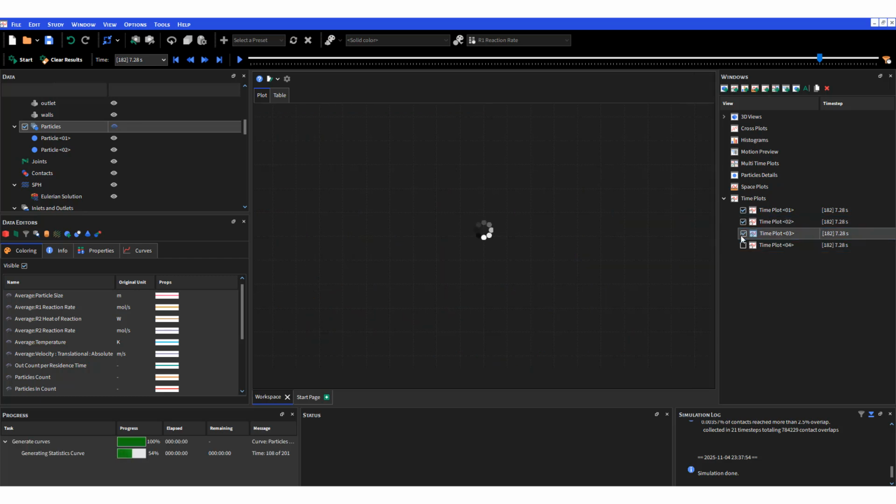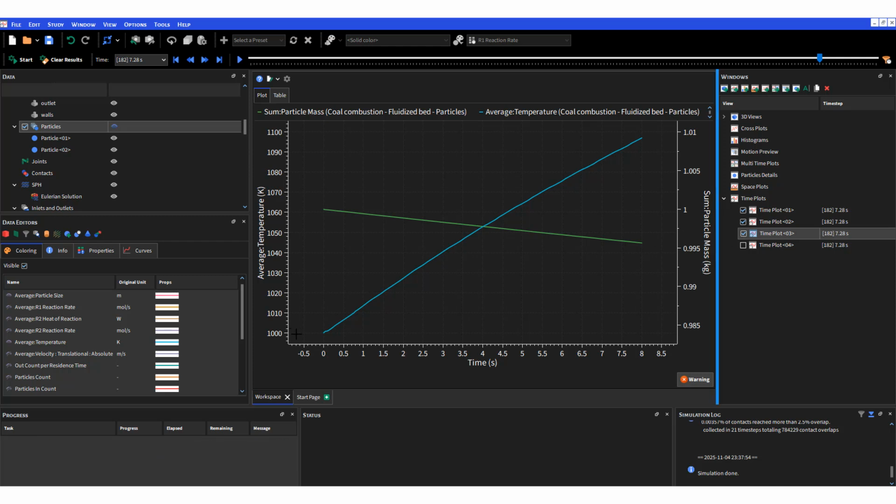We can also look at things like the temperature of the particles over the course of the simulation using the time plots. At time 0 they started at 1000 as I initialized them, and then they go up to close to 1100 Kelvin.